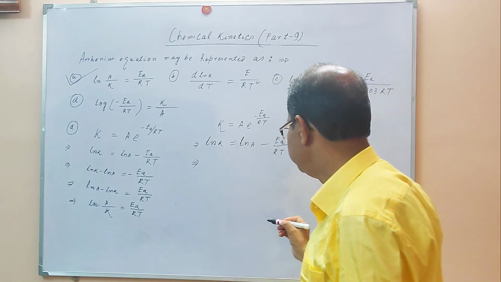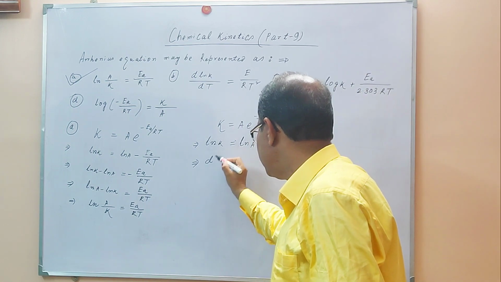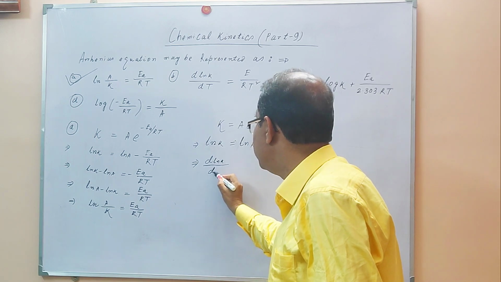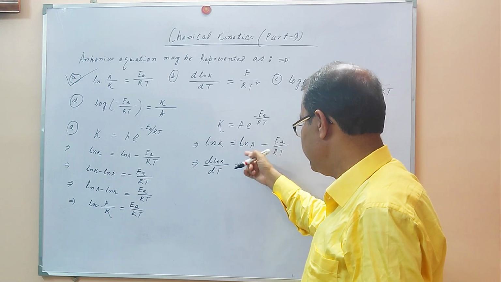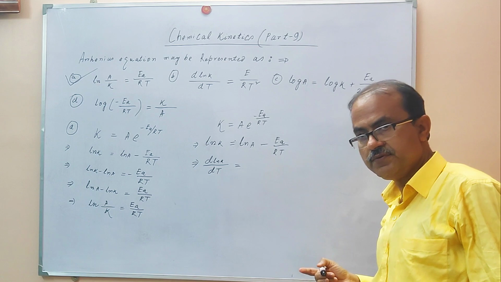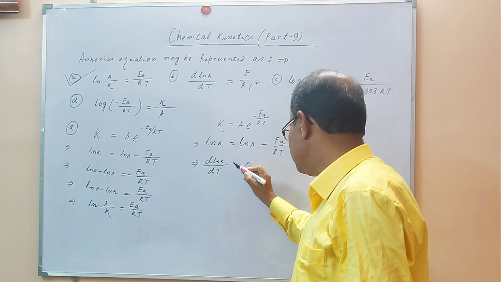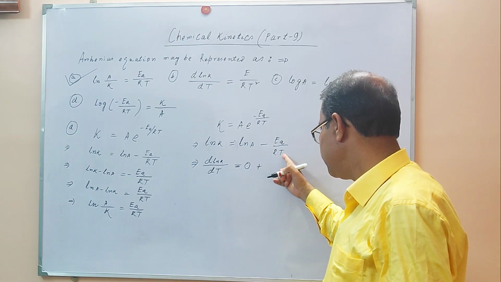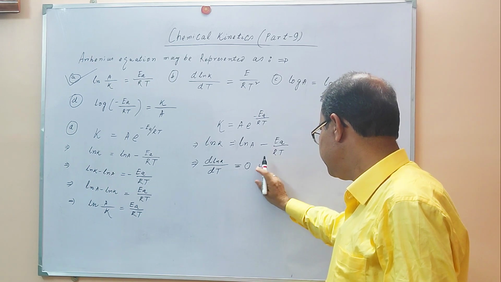Now, if we take the derivative of ln K with respect to T, ln A is a constant. The derivative of any constant is 0. So it is 0. Now you can see that T has to be differentiated. So we can write it.